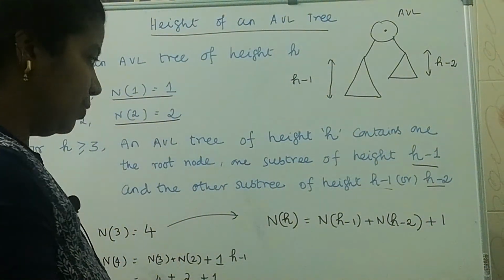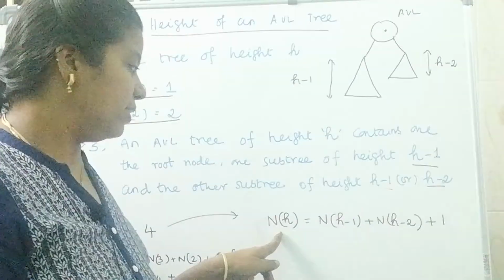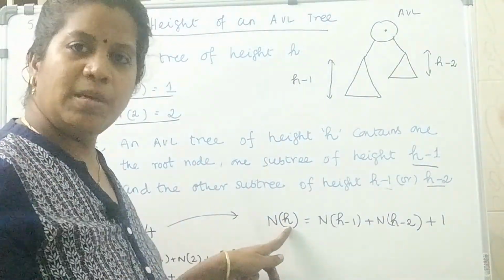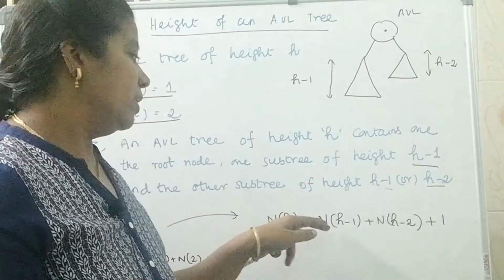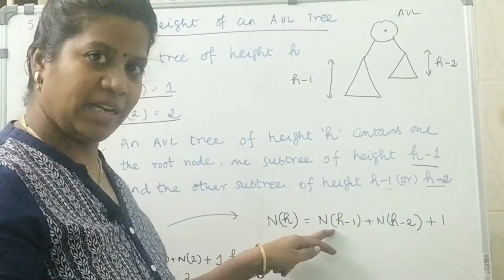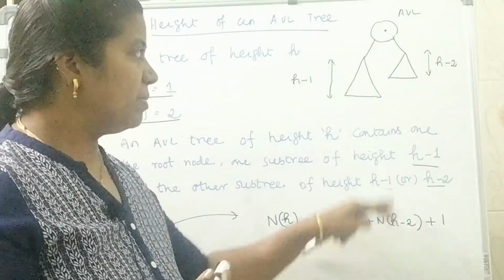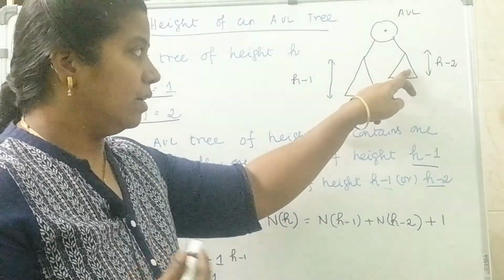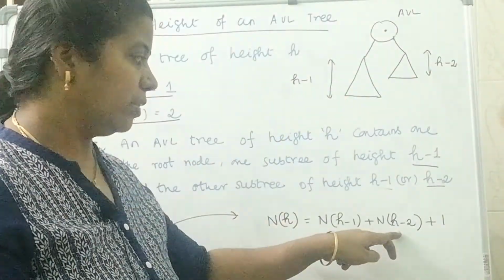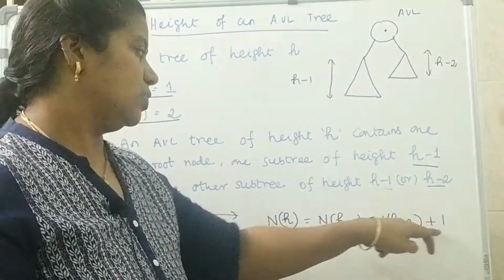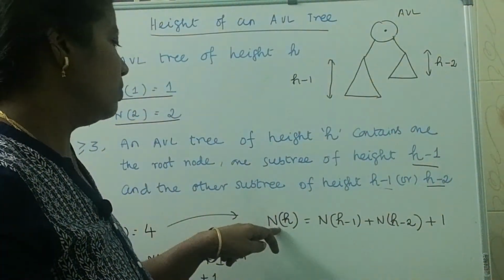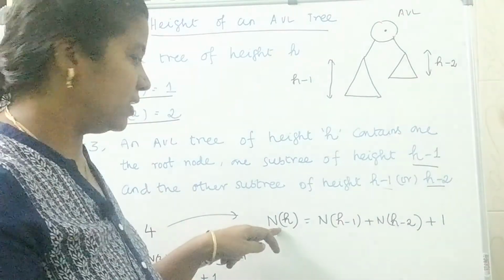So how do we count? What is n of h? N of h is nothing but the minimum number of nodes of height h. What is the minimum number of nodes of height h? The minimum number of nodes in the left subtree whose height is h minus 1, plus the minimum number of nodes in the other subtree whose height is h minus 2, okay, plus 1. So when we solve this, we can get the value of the minimum number of nodes whose height is h.